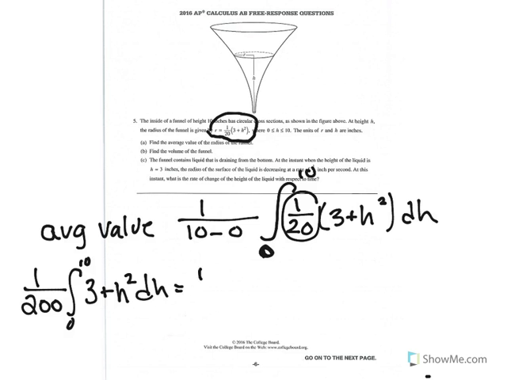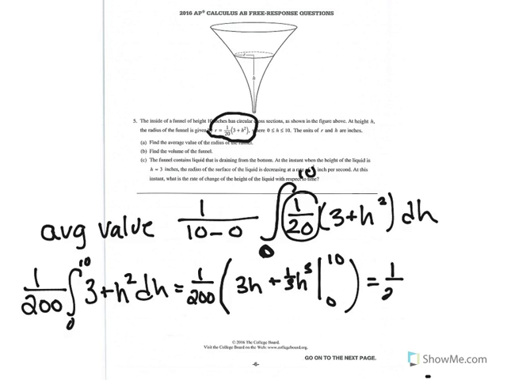So this is equal to 1 over 200. Now I'm going to integrate that, which would be 3h plus 1/3 h to the third from 0 to 10, which is equal to 1 over 200. I know I can dump the 0 parts. I'm just going to fill these in: 30 plus 1/3 times 10 to the third.